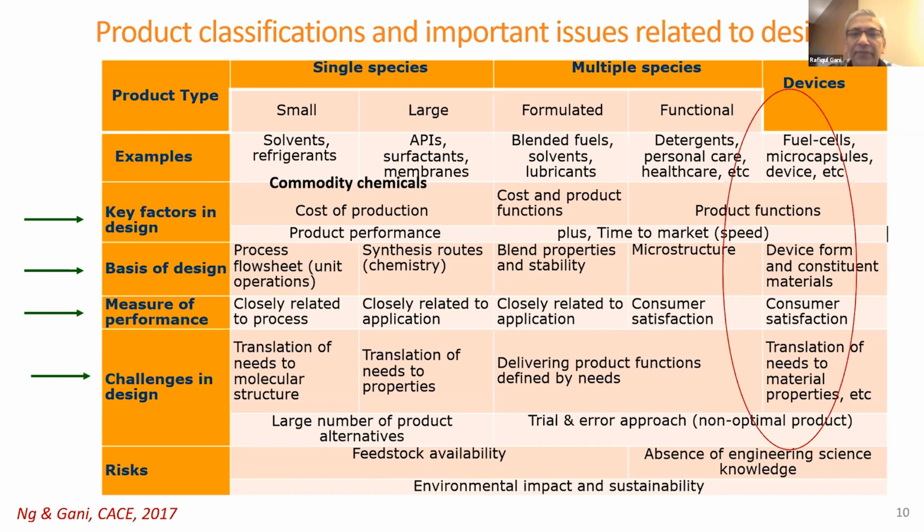So how do we understand, first of all, which product we need, what properties or functions this product would have, and how do we translate the functions into properties and their constraint values or target values. These are very, very important. At the bottom, I would like to emphasize again, these days, environmental impact and sustainability is a must. They also need to be looked at.